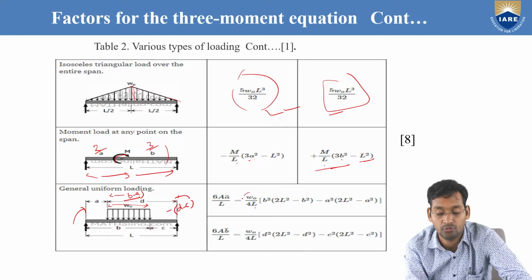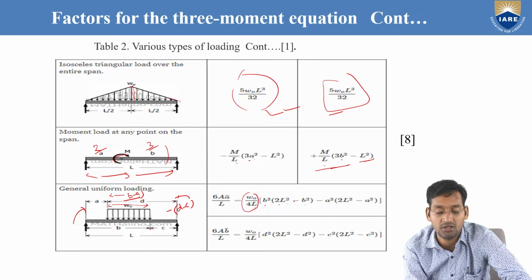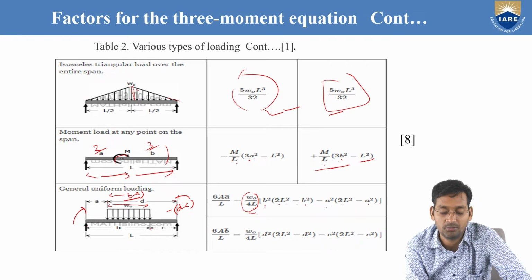See the proper bracket. This whole W naught by 4L is multiplied with both the terms. In that also B square is common. So 2B square L square minus B power 4 minus 2A square L square minus A power 4. So this is the value of 6AA by L.